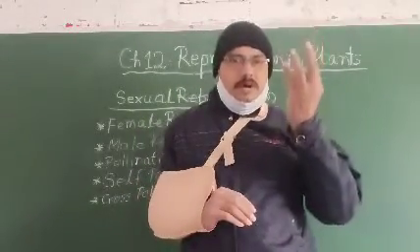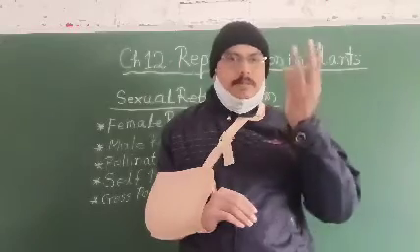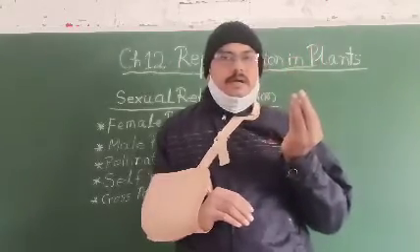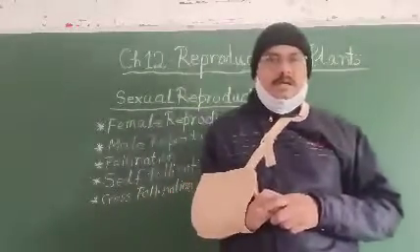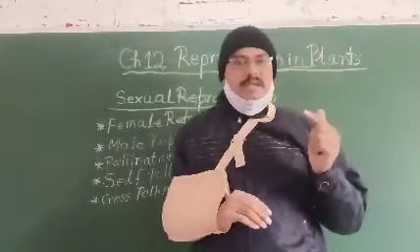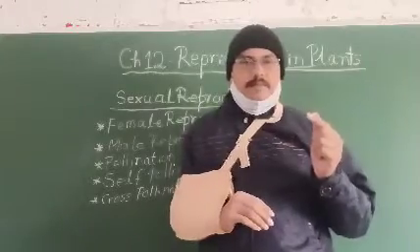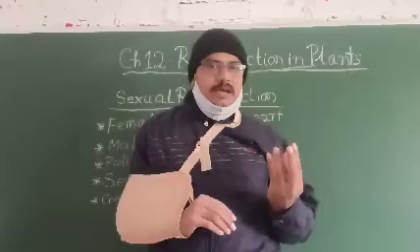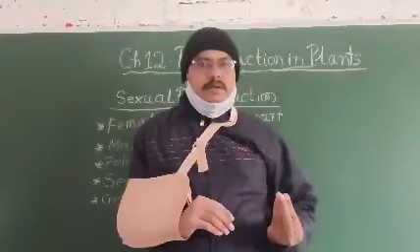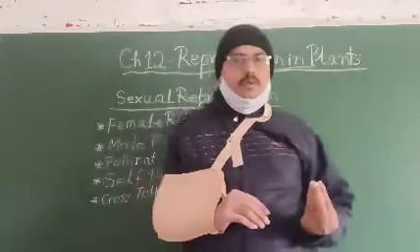If you come a little bit down, the part becomes narrower, and that part is called the style, the middle narrower part. And as the narrower part comes to the basal area, it becomes a little broader, which we call the ovary.